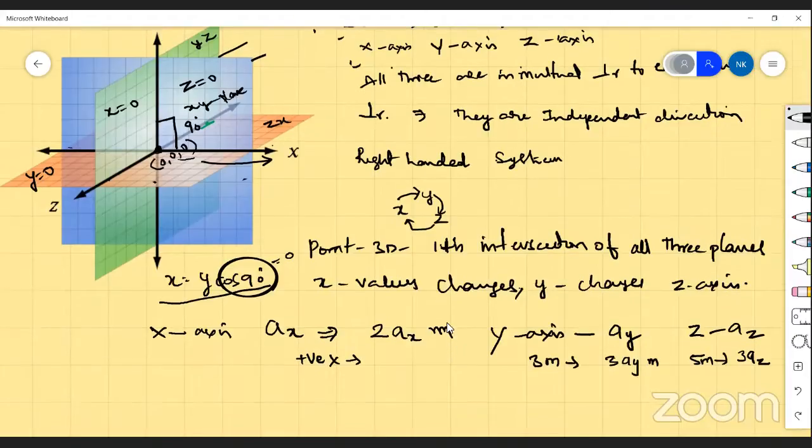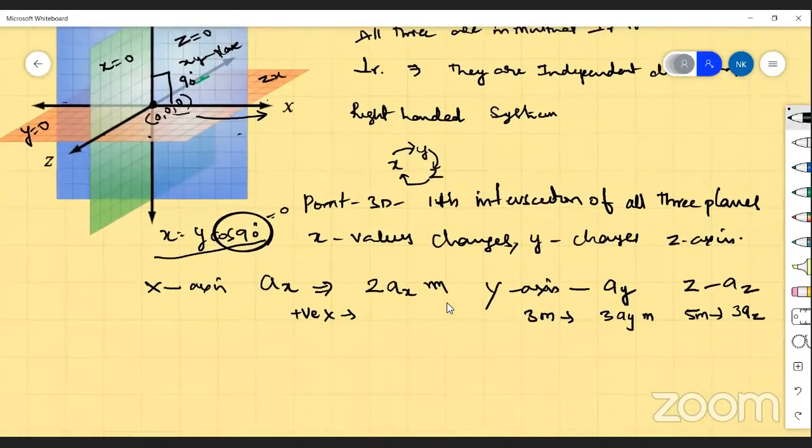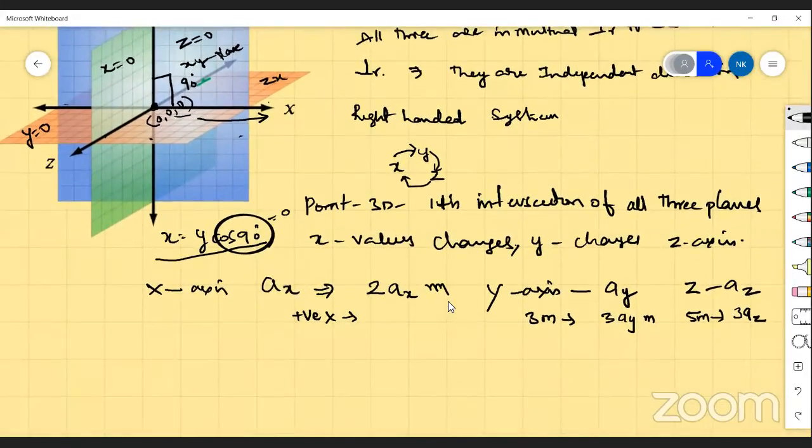Okay. So now consider this blue plane from here to here. So 3 coordinates will be there, so 3 points are there. Which plane is this?